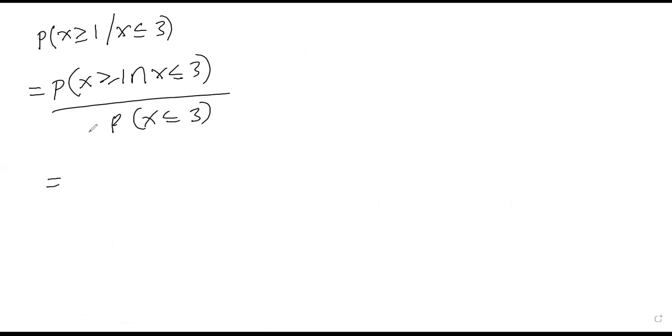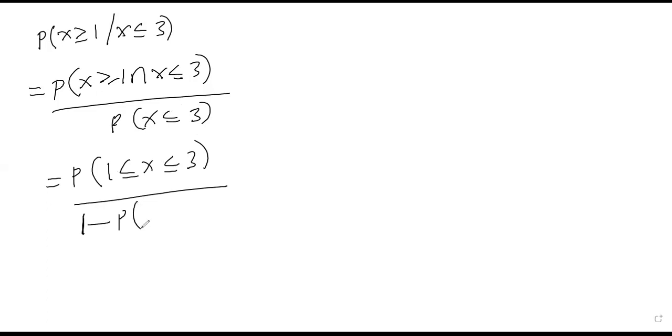So for the numerator it will be probability of 1 less or equal to x less or equal to 3, okay, over, to get probability of x less or equal to 3, it's the same as 1 minus probability of x greater than 3.